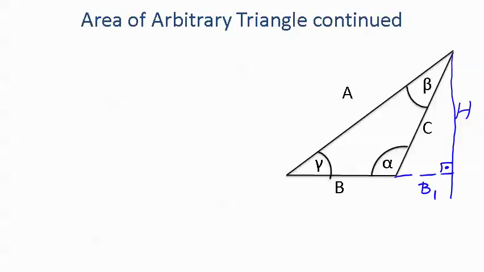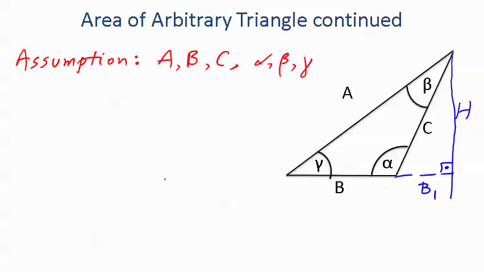And I'm going to make the following assumption: I'm going to assume that sides A, B, C and angles alpha, beta, and gamma are known.